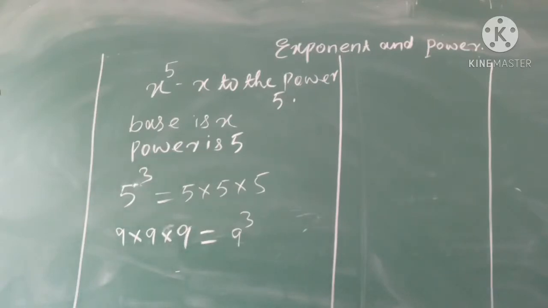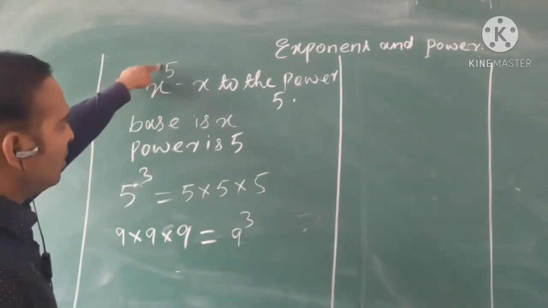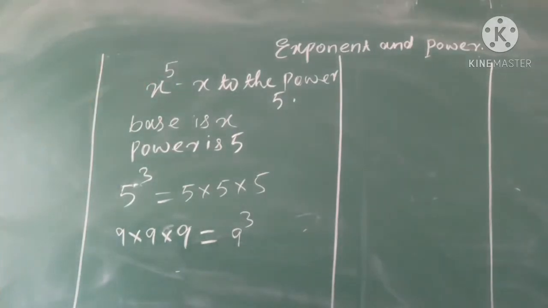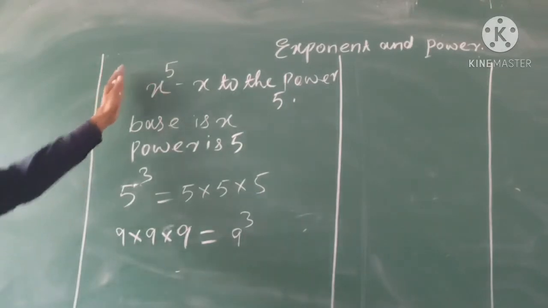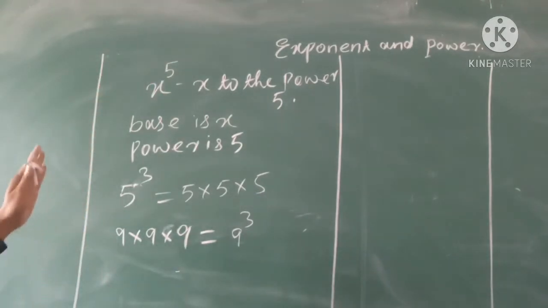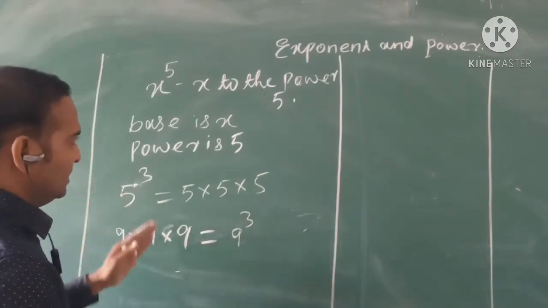Then you are thinking, what difference does it make whether 5 is power or exponent? Both are same. Now I will solve some problems related to this, then you will be able to understand more and more clearly.